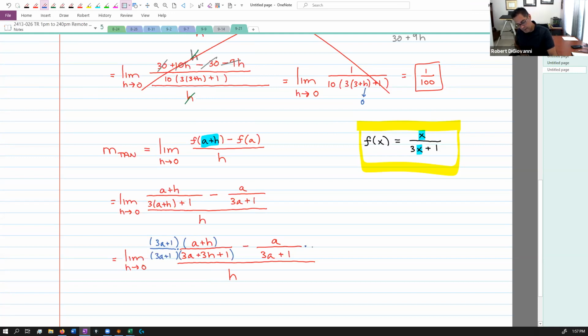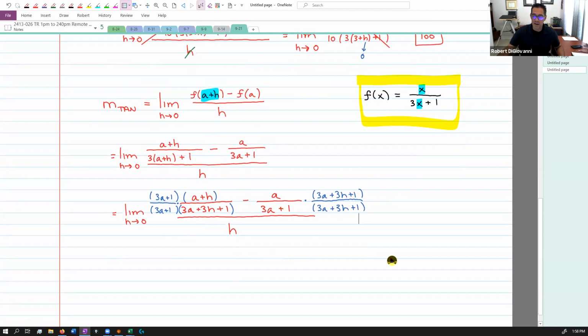Now the other one: what do you have to multiply it by? 3a plus 3h plus 1. Same thing here, 3a plus 3h plus 1. This is why you did this in algebra, right? In algebra, they had you take two rational expressions and combine them into one fraction. This is why you were doing it, so that when you got here, you'd have some background with it.